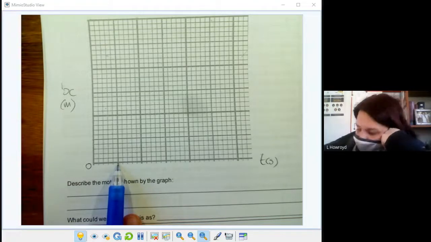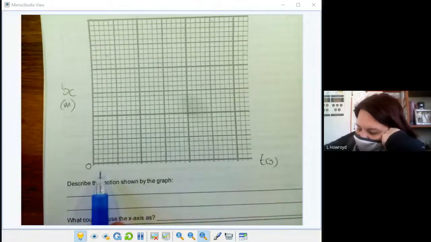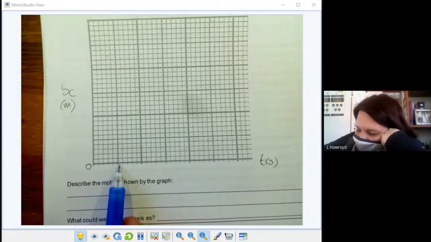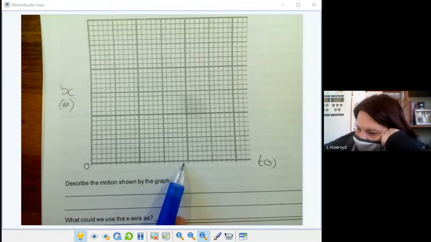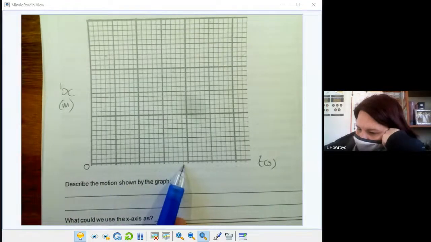That's the thing. I know you guys do that. You're not supposed to add another thing. You must use what you've got. 2, 3, 4, 5, 6. I don't want to go up in threes.